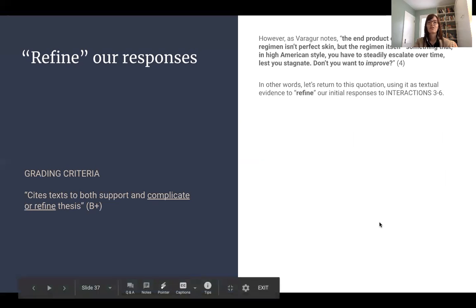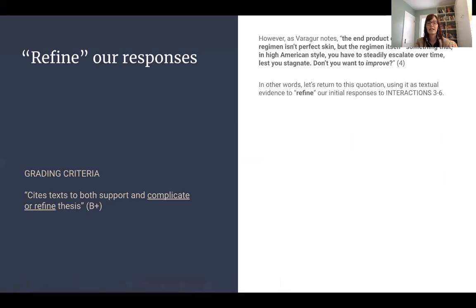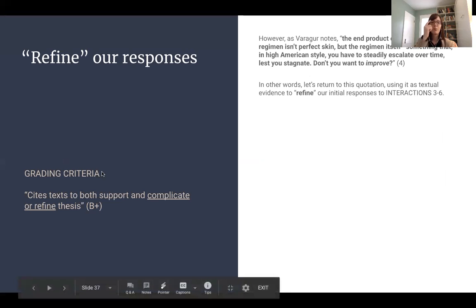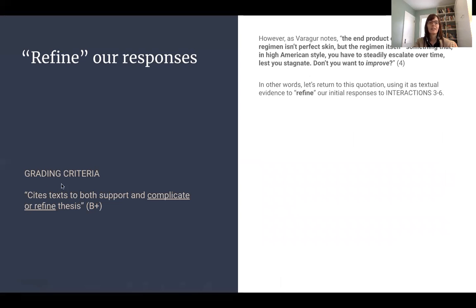Okay, so in other words, let's return to this quotation, using it as textual evidence to refine our initial responses to interactions 3 through 6 so far in part 2. Okay, and here just a moment to take a look at that part of our grading criteria.